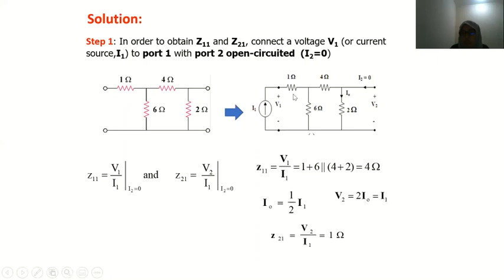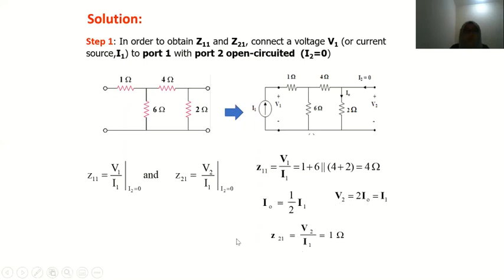Then we know that your V2 is equivalent to 2 times your I0. You substitute your I0 with half of I1, and you will get your V2 is equivalent to I1. From here you can get your Z21, which is V2 divided by I1, equivalent to 1 ohm.